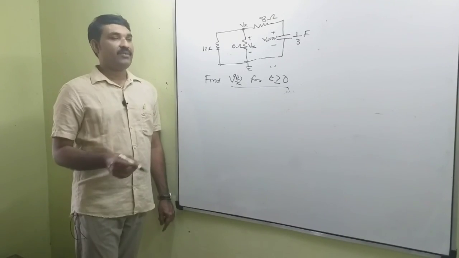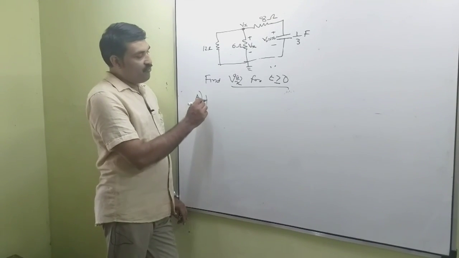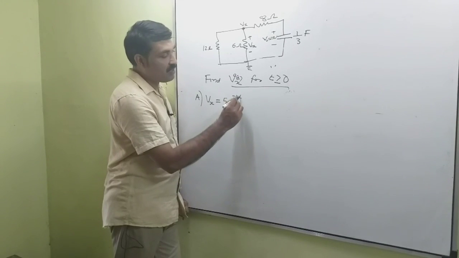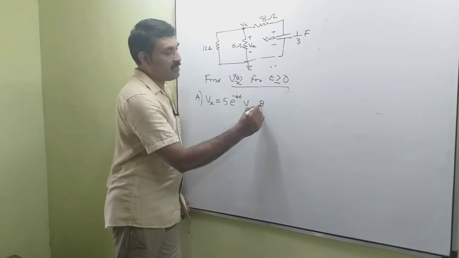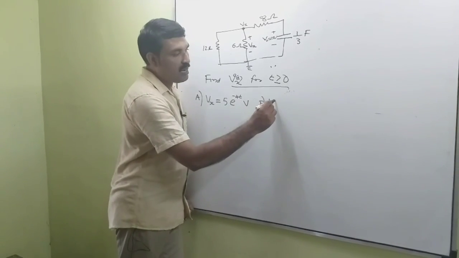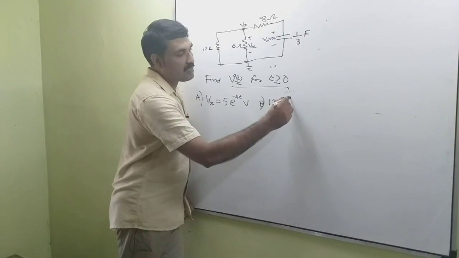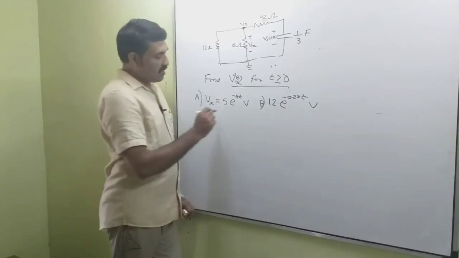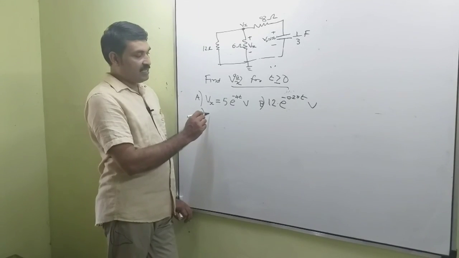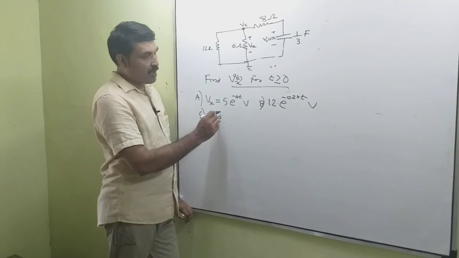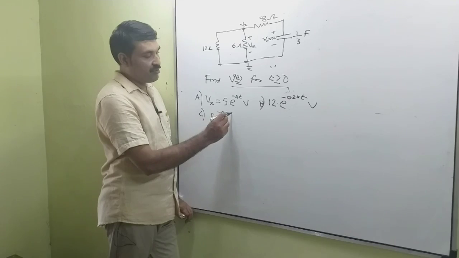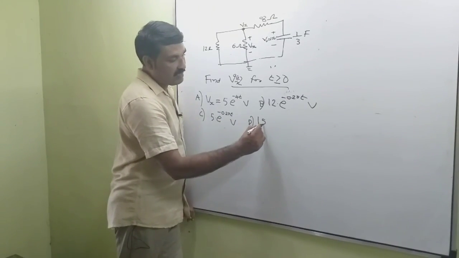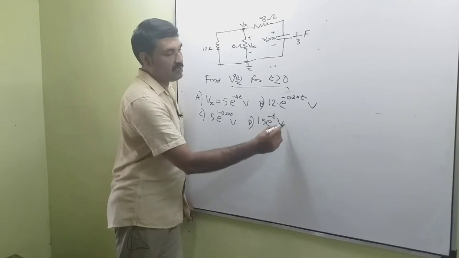The choices are given. A, Vx is equal to 5 into e raised to minus 40 volt. Choice B, Vx is equal to 12 into e raised to minus 0.25 t volt. Choice C, Vx is given 5 into e raised to minus 0.25 t volt. And choice D is given 15 e raised to minus t volt.